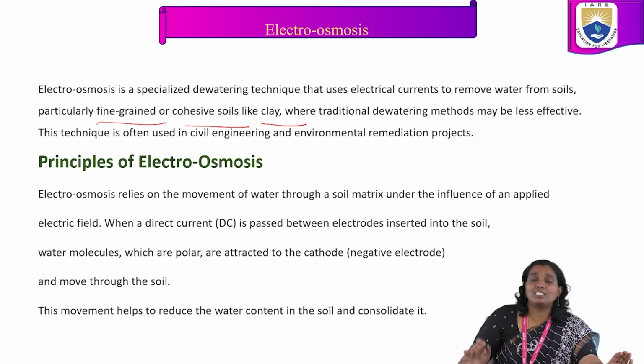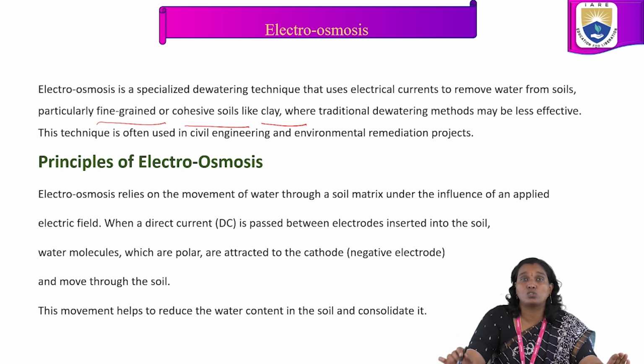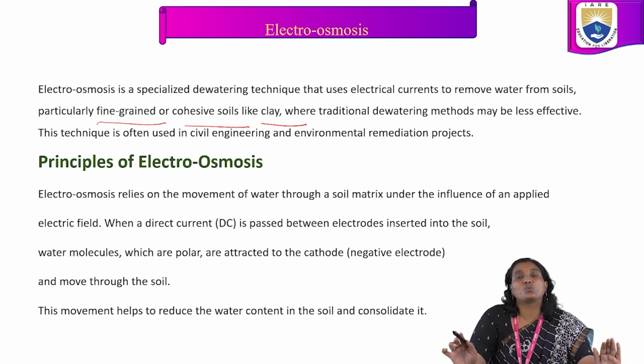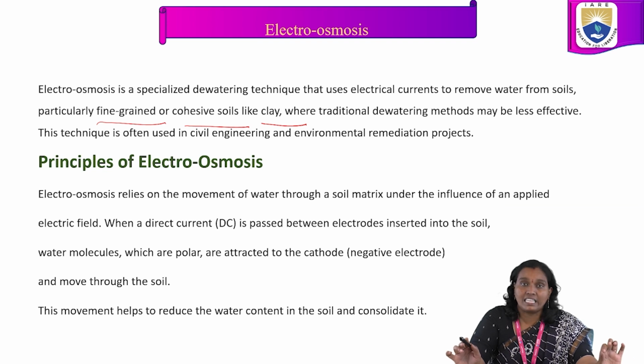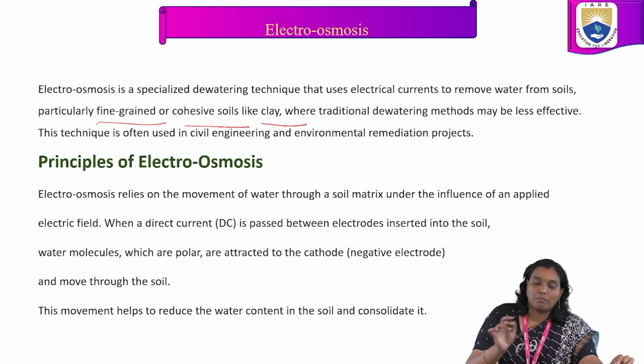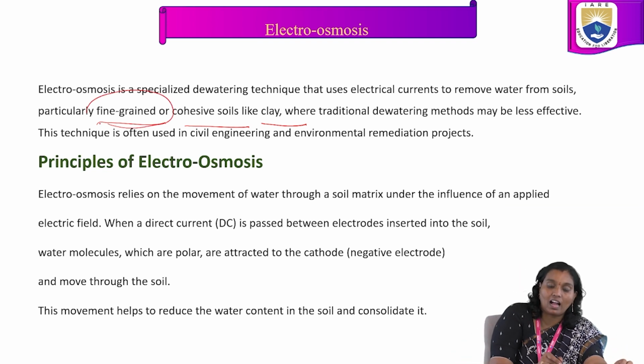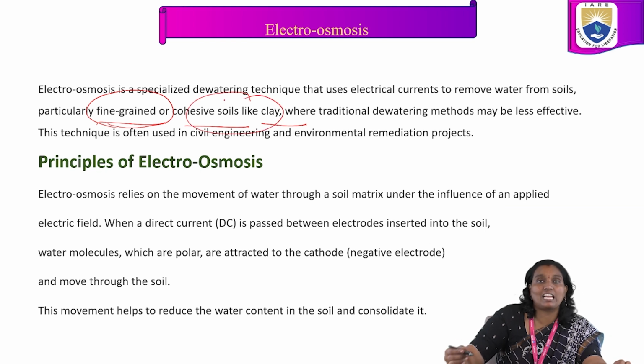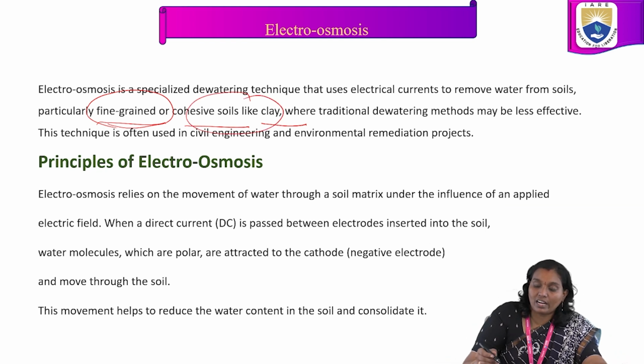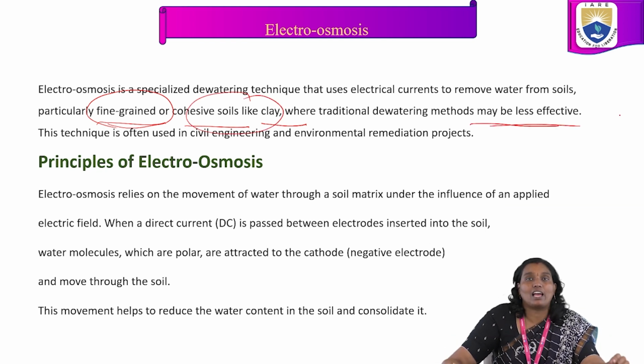The soil parameters as well as the site conditions are important for choosing the dewatering method. Particularly for fine grained or coarse soils like clay, traditional dewatering may be less effective.